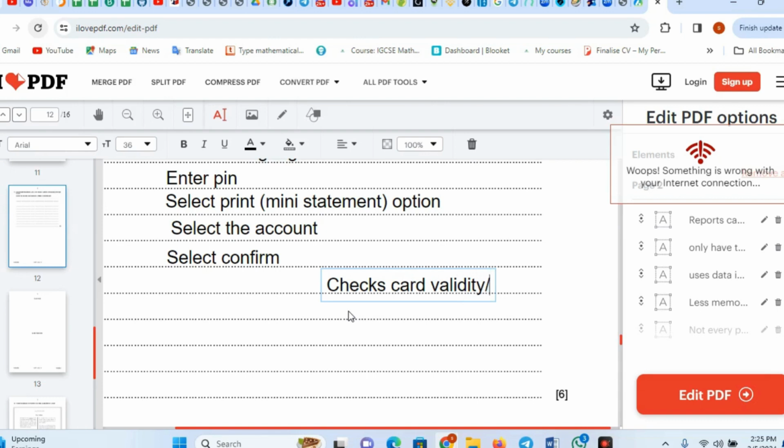So we can say confirm the account number. Checks the account number. These are part of the processes. After checking the account number, it checks the PIN.